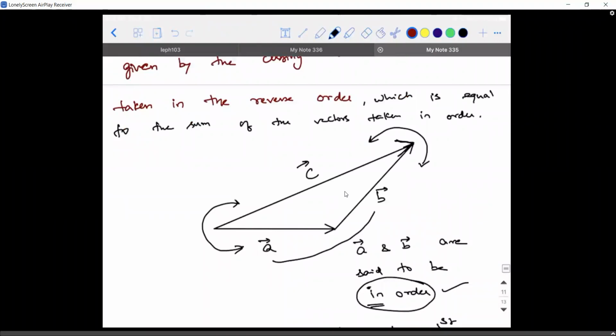Clear, guys? Now, what does the statement say? C vector is equal to A vector plus B vector.